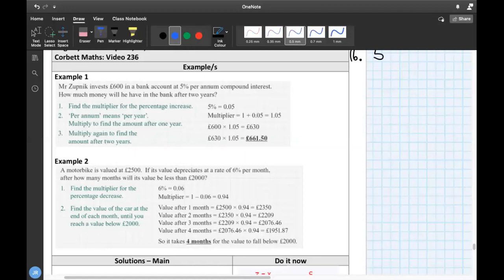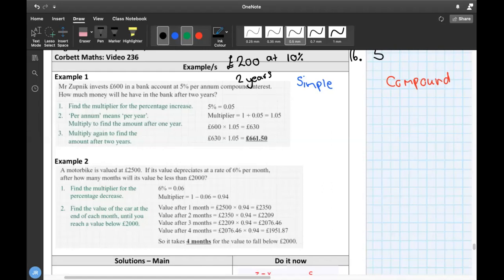Let's have a think. I'll do simple, we'll do that in blue, and I'll do my compound in red. I'm just going to make up a question here just to try and show you the difference between the 2 of these. So let's imagine that we invested, let's say, £200 at 10% for 2 years.